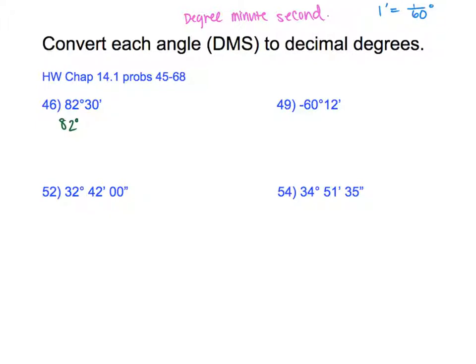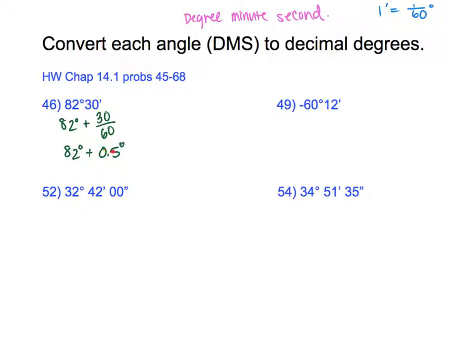We're going to take that 30, and remember that this is attached to this degree sign, so we have to add on after we convert this minute. So that's going to be 30 divided by 60, and that will become our degree value. 30 divided by 60, I don't think you even need a calculator here. It's 0.5, but now it's a degree because you've converted it.